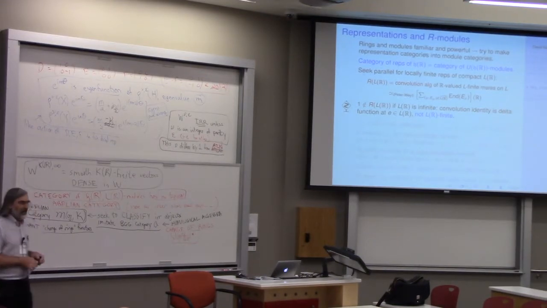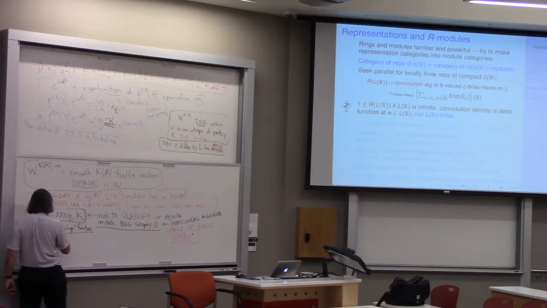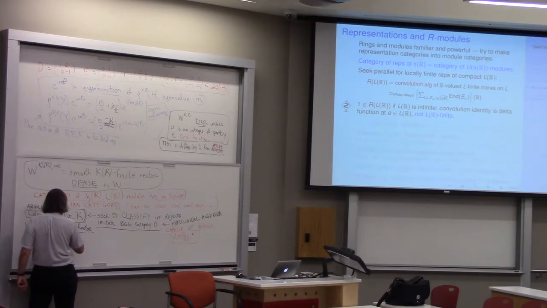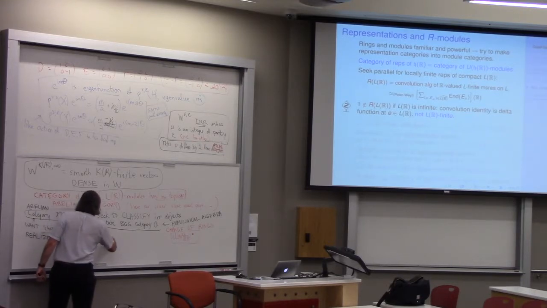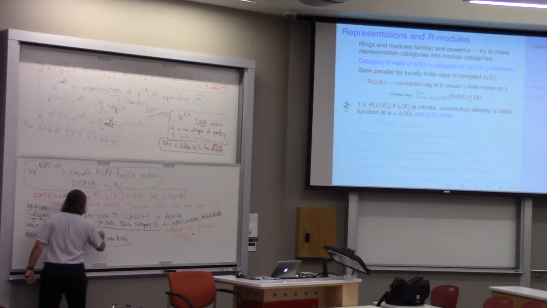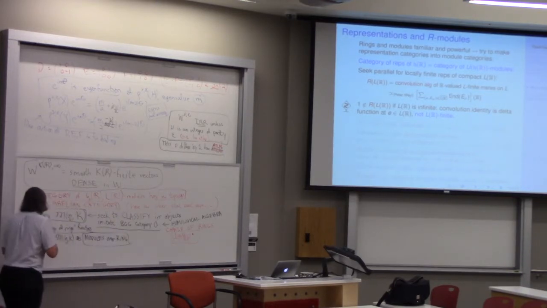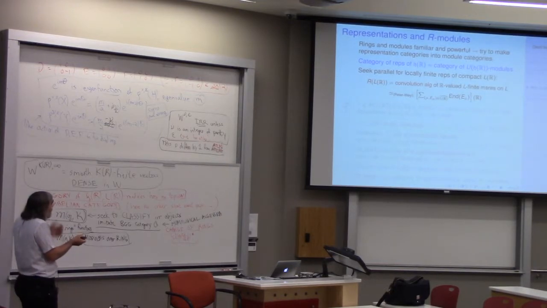And in order to do that, I need rings. I need to realize this M of GK as modules over a ring. Okay, so that's what I want to do next.